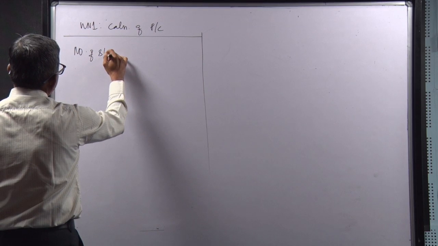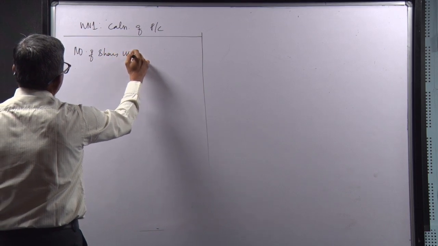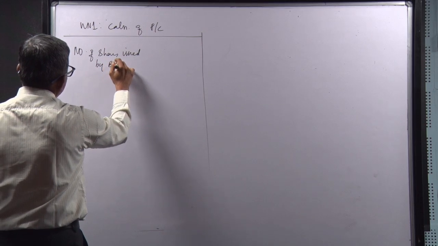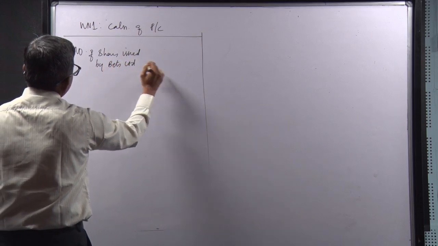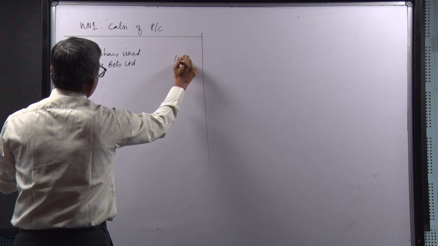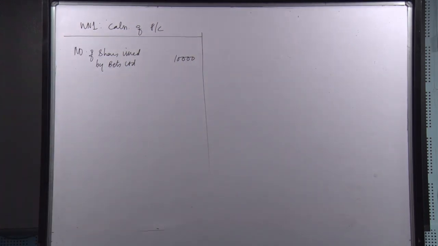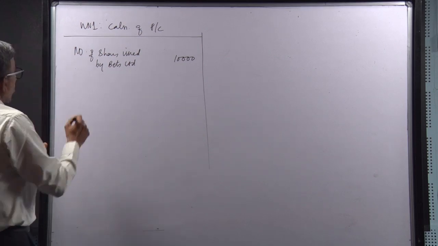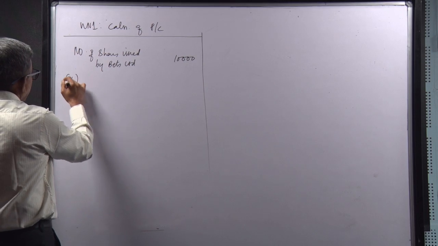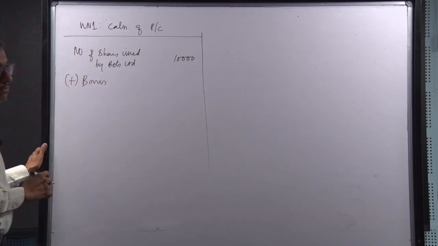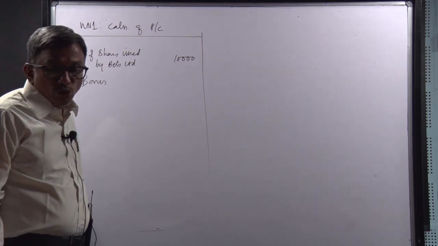Number of shares issued by Bets Limited, 10,000. But subsequently and before the takeover, they have issued bonus shares, add bonus shares. The ratio is 1 for 2 shares.